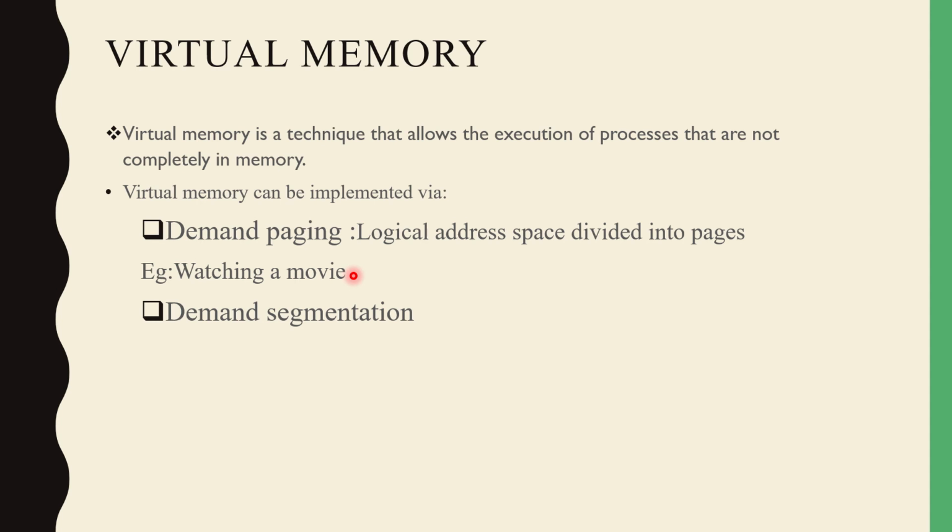Like that, it executes your movie page by page. This depends on the demand. The operating system demands some pages, and only then is that particular page of that process loaded from the secondary storage to the main memory. That is called demand paging.